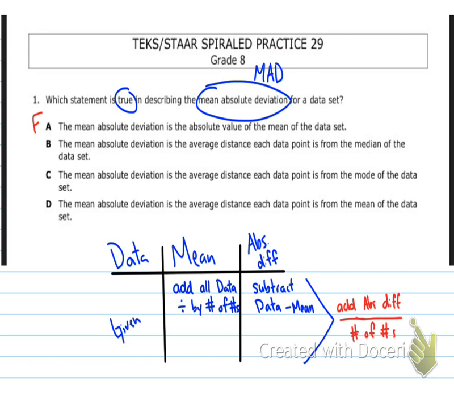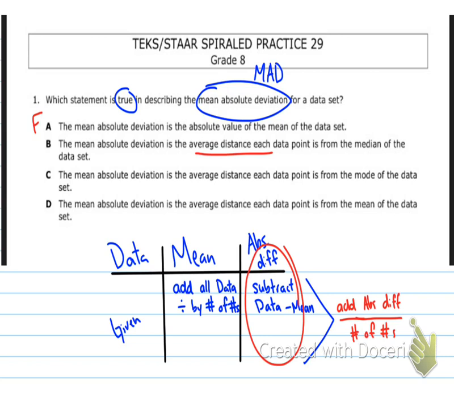The absolute value is what I use as part of it. That's not how I find the entire thing. So on B, the MAD is the average distance between each data point from the median of the data set. So it's pretty close. The average distance. Well, that is what I'm doing for this last step. I am finding the average distance because that's what absolute value does.